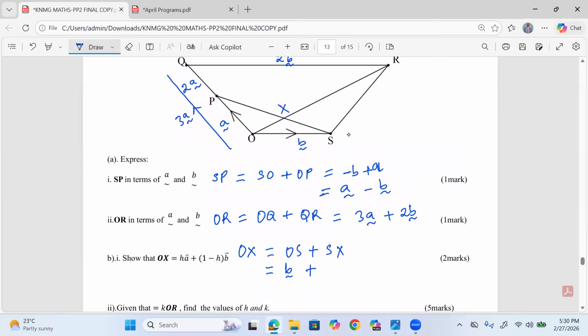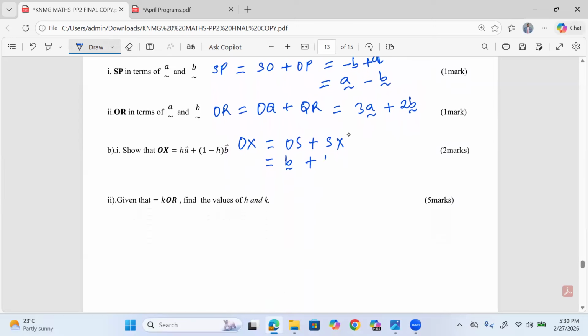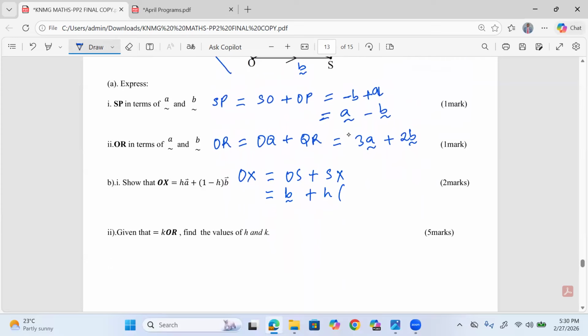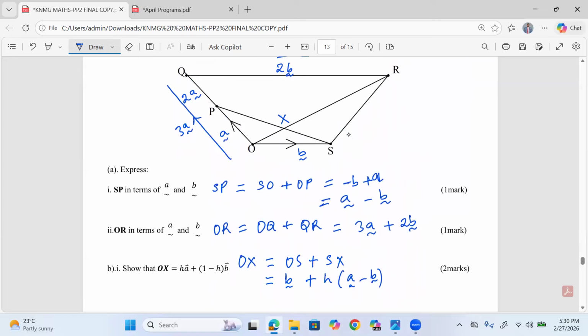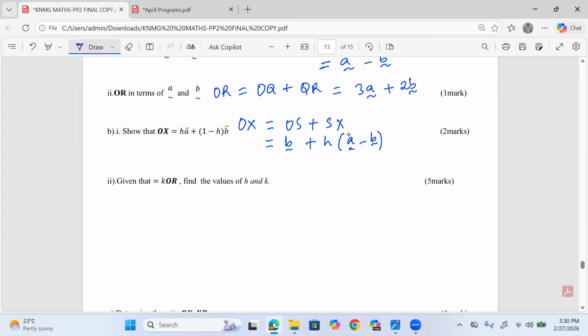So H, SP, and SP is A minus B. Instead of SP, A minus B like that. So now we can talk about vector B plus H vector A minus H vector B.